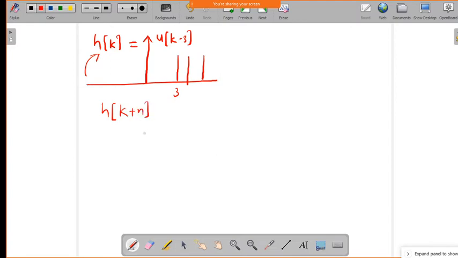Whatever this signal is, I'll shift it by n units backward. So this is the backward signal, which is, say for example, n units.